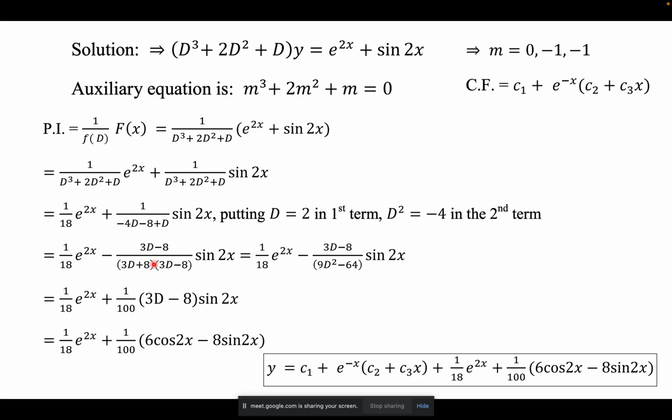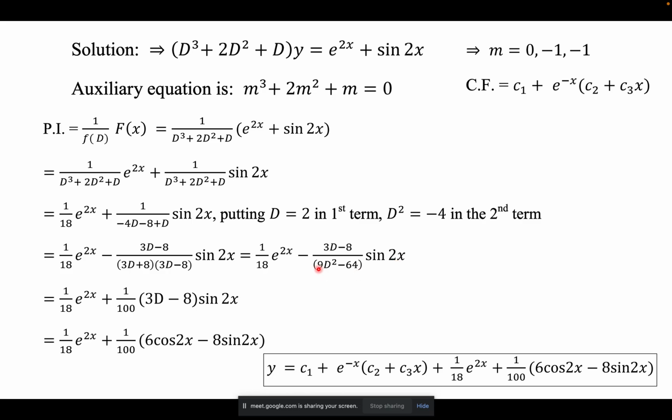If I do this, what I am left with is minus, you have 9d square minus 64, right? Because 3d plus 8 times 3d minus 8 will be 9d square minus 64, times sine 2x. And now you again know how to apply d square on sine 2x, so you again replace d square by minus 4.